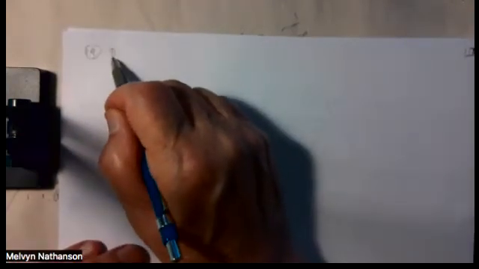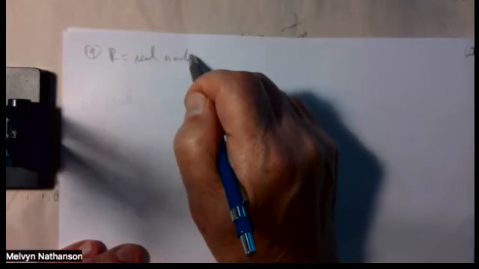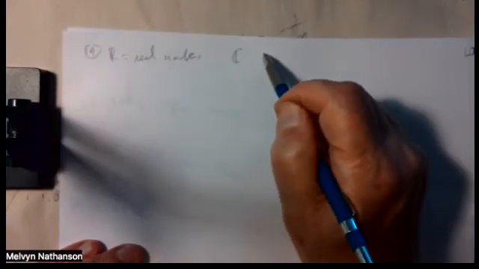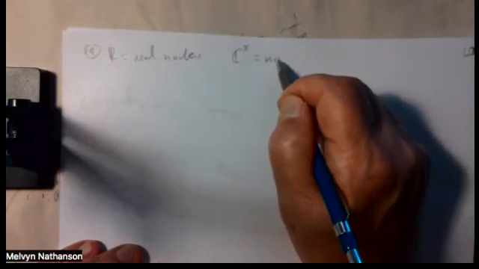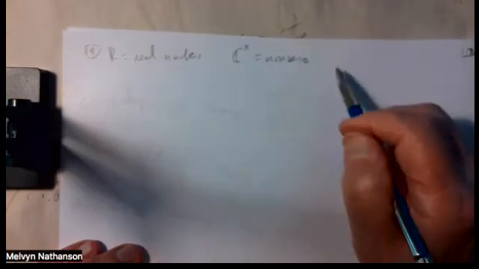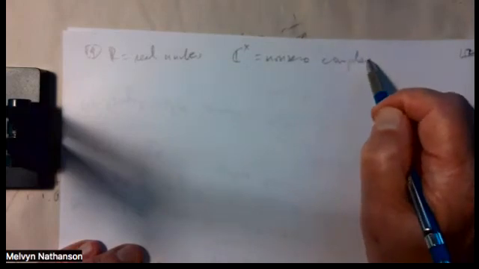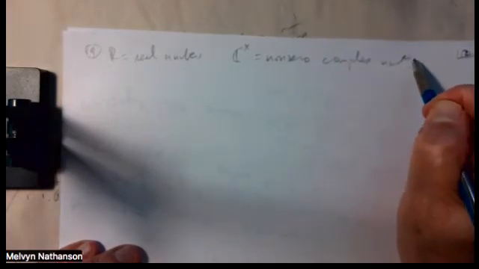So we have R is the real numbers. C is the complex numbers. C star is the non-zero complex numbers.